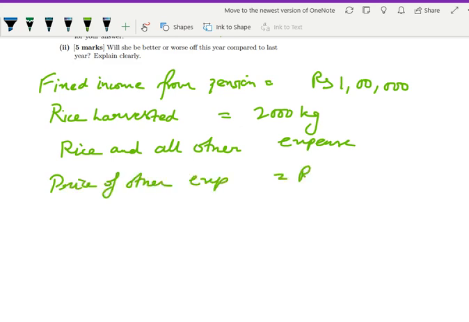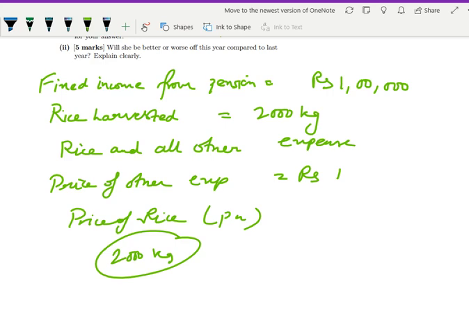The price of all other expenses is rupees 1, and the price of rice, px, last year was 20 per kg and this year it is 30. Last year she consumed all 2000 kg herself, no rice was sold. Preferences are standard and convex, but no utility function is to be used. That I have to remember.